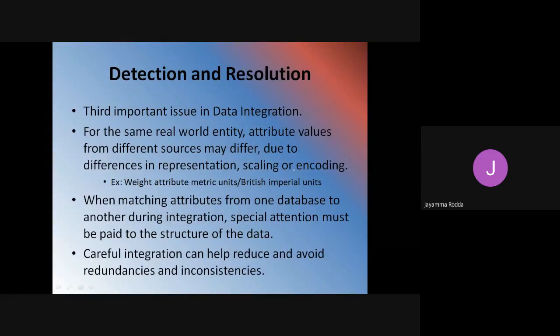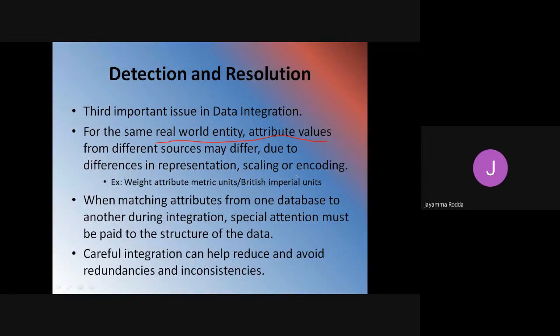Okay. Next, this is the third important issue that exists with data integration. What does this third important issue denote? When data is integrated from the same real world entity, attribute values from different sources may differ due to differences in representation, scaling or encoding.